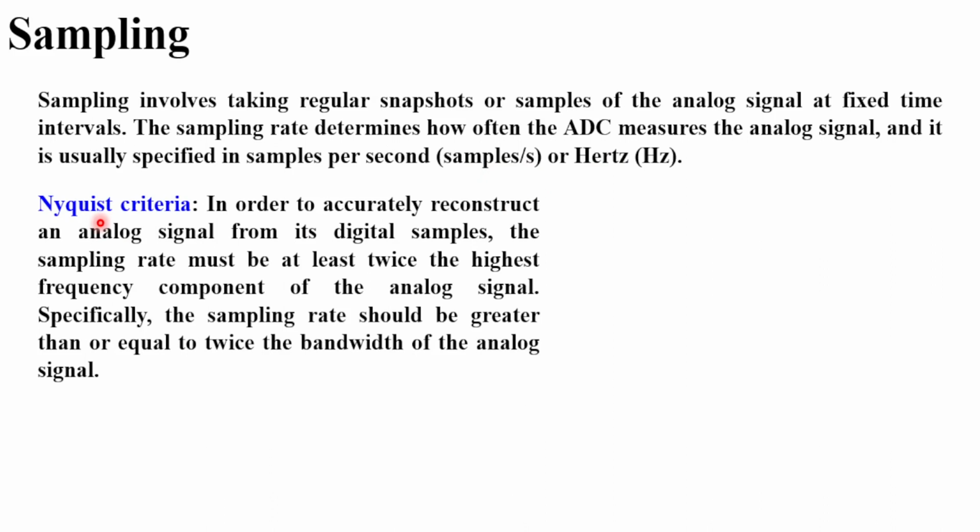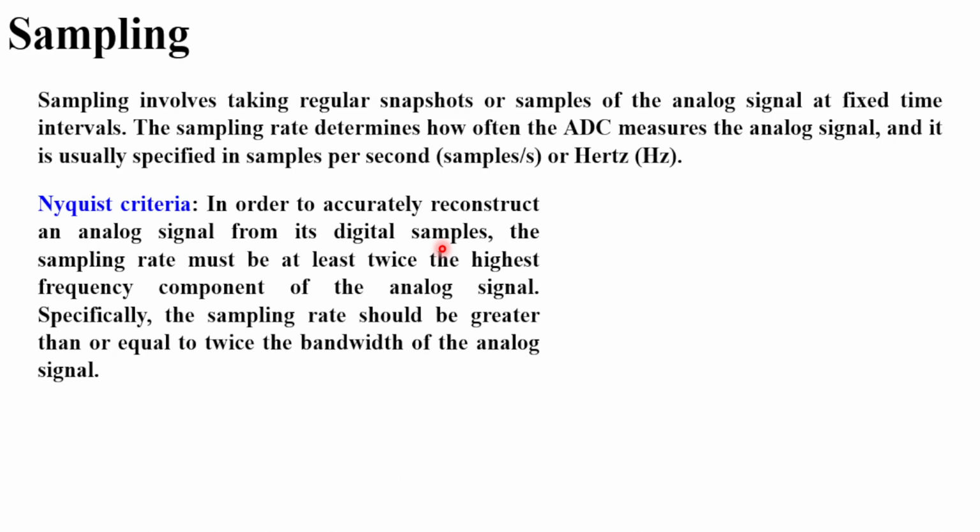To determine the minimum sampling period, we often refer to the Nyquist criteria. The Nyquist criteria says that in order to accurately reconstruct any analog signal from its digital samples, the sampling rate must be at least twice the highest frequency of the analog signal.